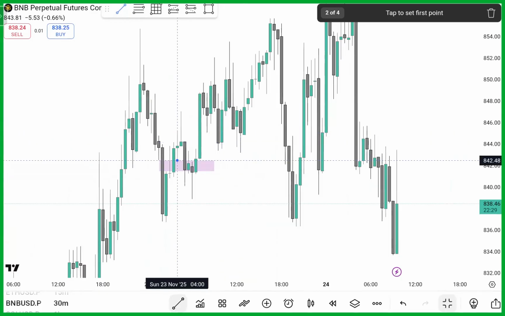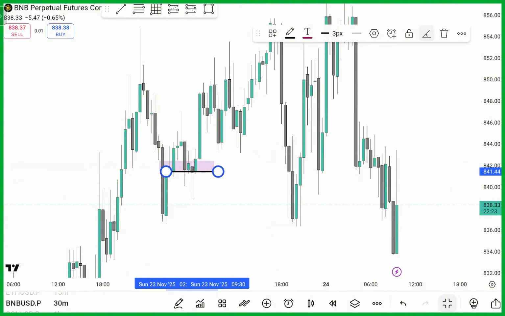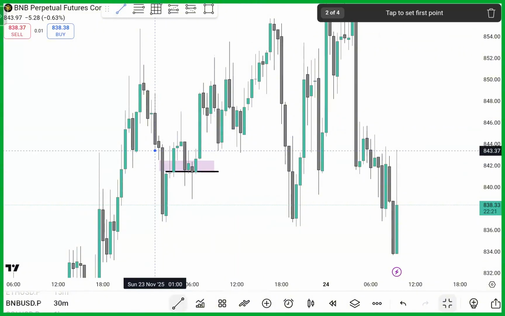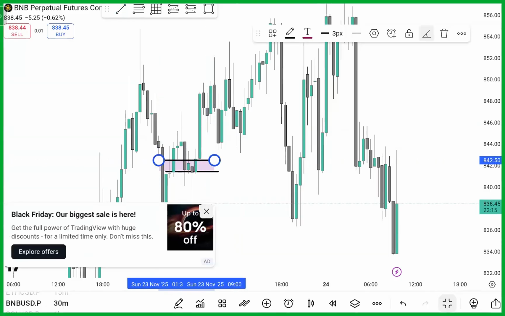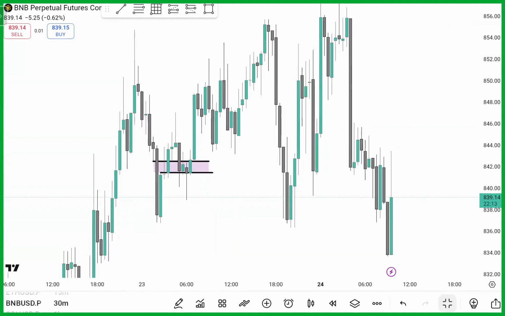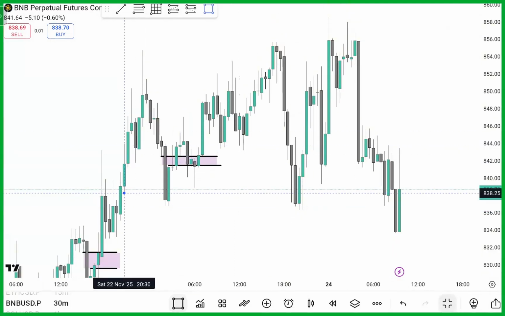Hope you see. These are powerful key points. Hope you see that one when price tapped into this fair value gap. I told you that these are key levels.